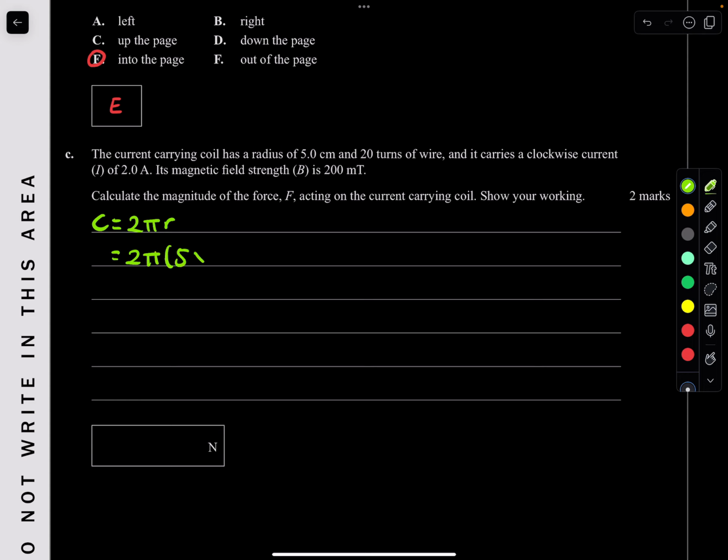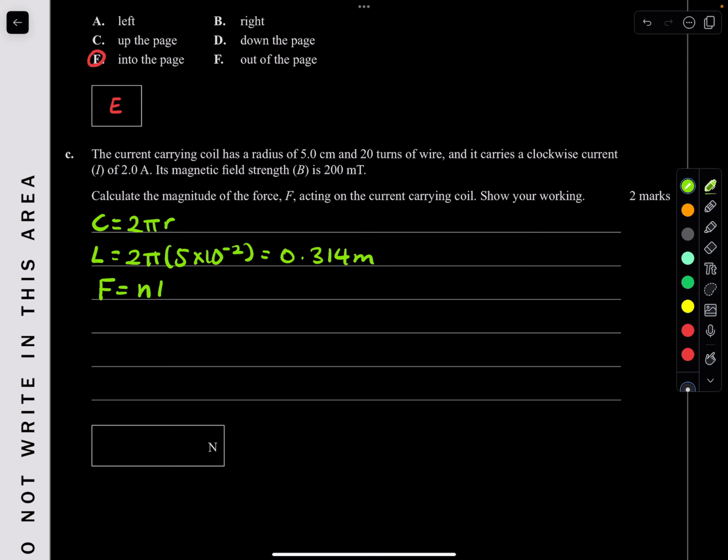In this case, it's 5 centimeters. Make sure it's in meters, so times 10 to the negative 2. That's going to give us a length, so I'm just going to write it as L. 2 pi times 5 times 10 to the negative 2. So that gives me 0.314 approximately meters.